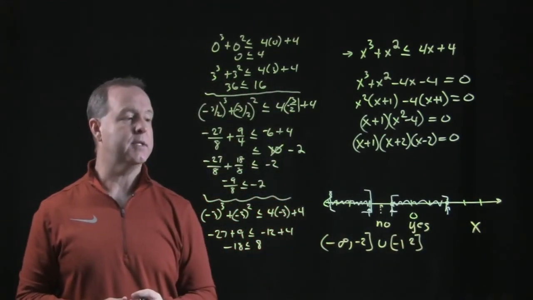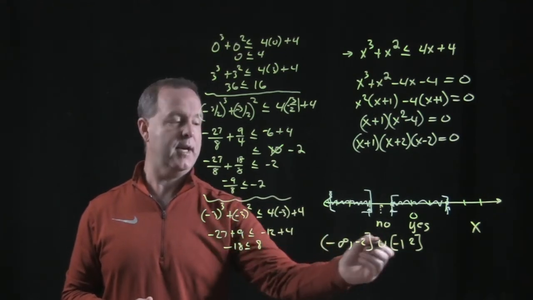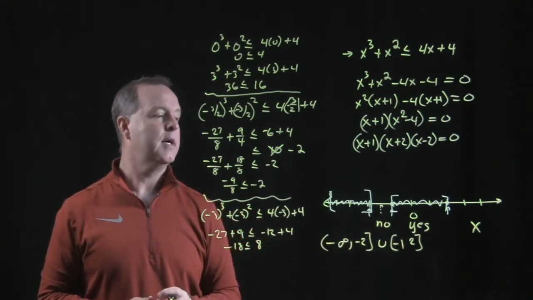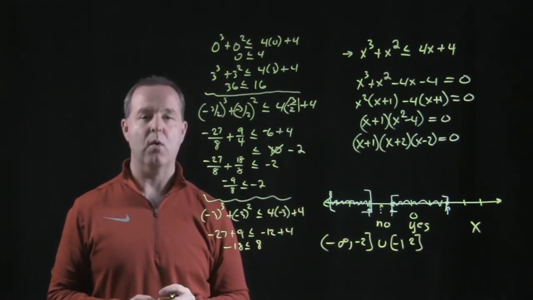So there's my solution set. All these values within the union of those two intervals are a solution to this polynomial inequality.